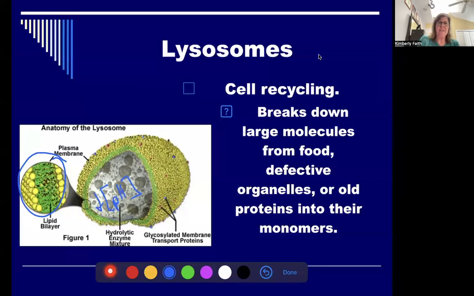And so what happens is this vesicle, when it binds with food vesicles, it will then break down those biological macromolecules into their monomers so that the cell can use them for their own proteins. Lysosomes will also break down other worn out or defective organelles.